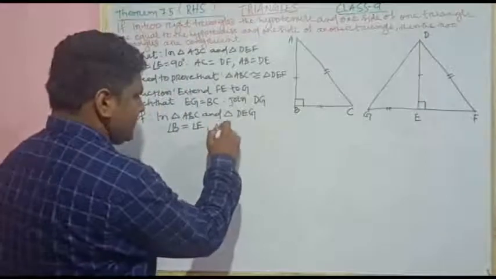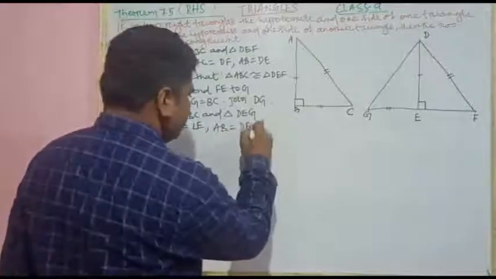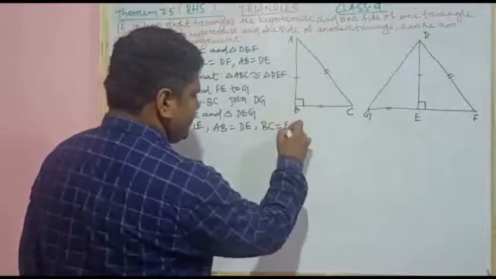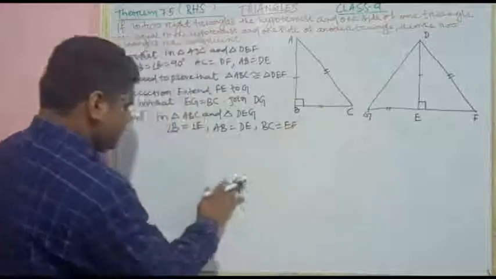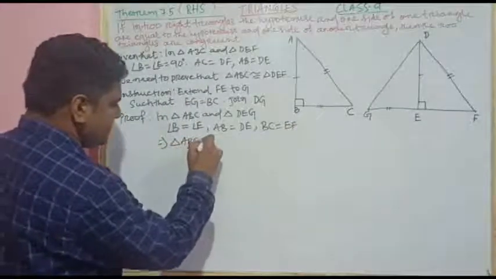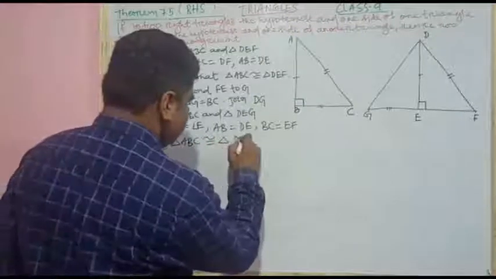It is given that AB and DE are equal, and by construction BC and EG are equal. So triangle ABC is congruent to triangle DEG.